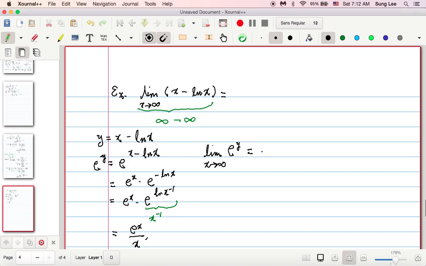So that's the limit as x goes to infinity of e to the x over x. Let's take a look at this. When x goes to infinity, you can see that's an infinity over infinity type indeterminate form, where you can apply L'Hopital's rule.